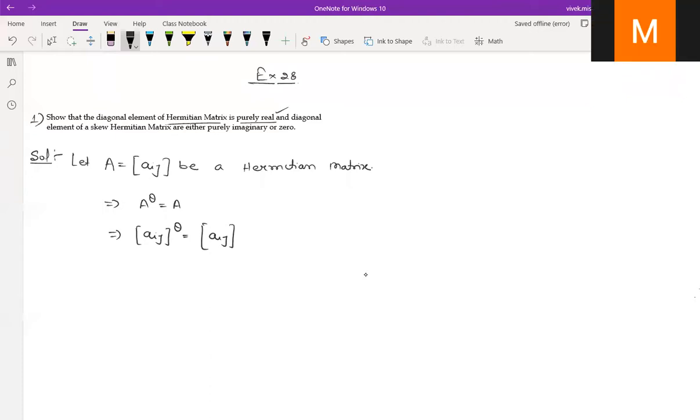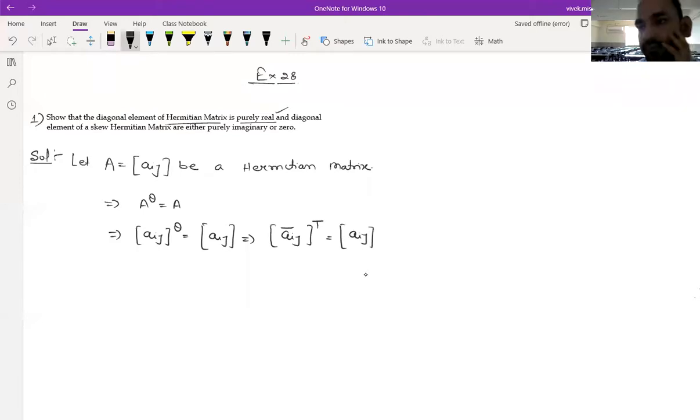This implies Aij conjugate transpose is same as Aij. Fine? Yes, sir.